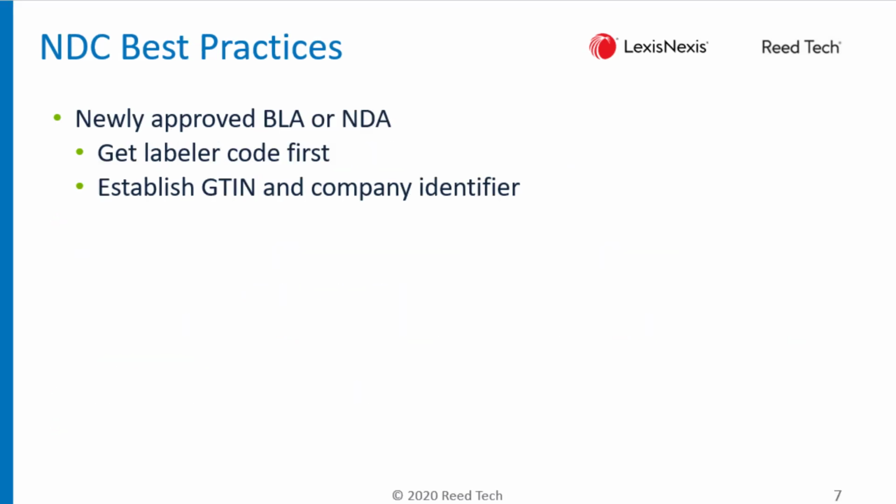So back to that concept of, hey, it's our first product we're bringing to market. If it's a newly approved BLA or NDA, and you do have some of those DSCSA requirements, the best practice I've seen is to get your labeler code first, and then start contacting your issuing agency like GS1 to get that global trade identification number and your company identifier, essentially, that would be used in that GTIN harmonized with your labeler code.